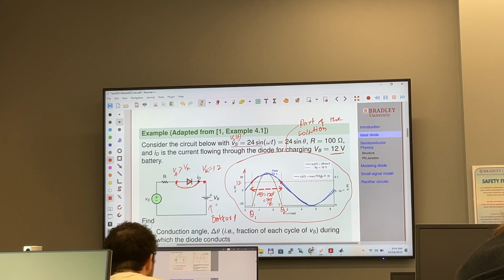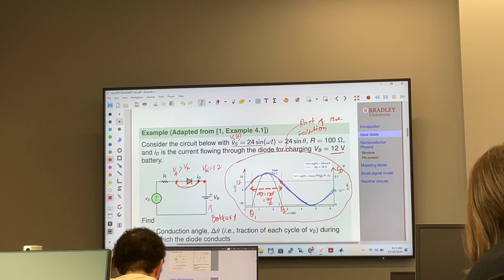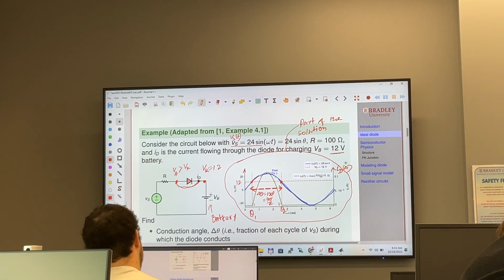Don't you think that when the diode is on, it is going to be a piece of wire, so current is going to flow. So in that case, I have the diode current axis, ID, ampere, right here.